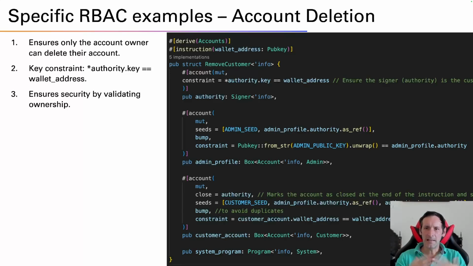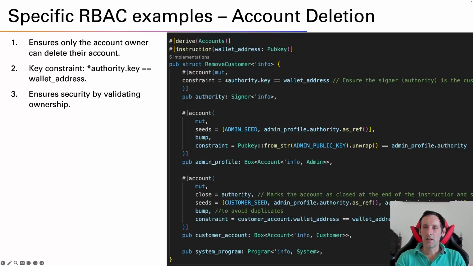So in this case, what you can see here is that you have a constraint being applied to the authority. The authority here is the customer itself, himself or herself, and the constraint is basically authority.key must be the same as the wallet address that is being passed in the instruction argument.